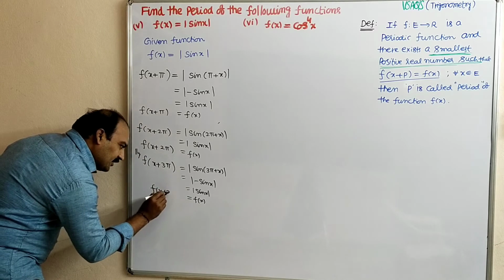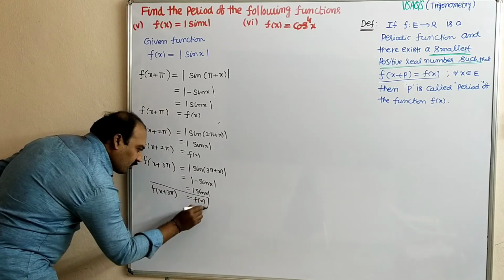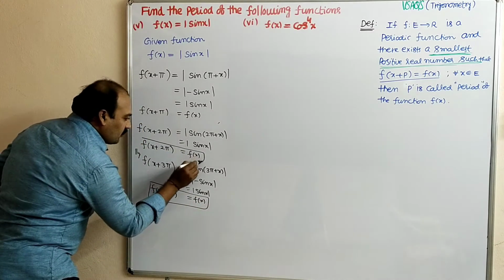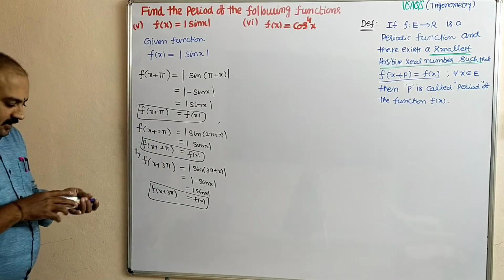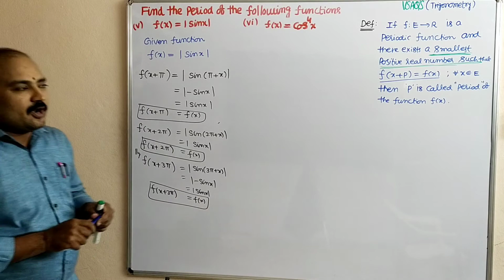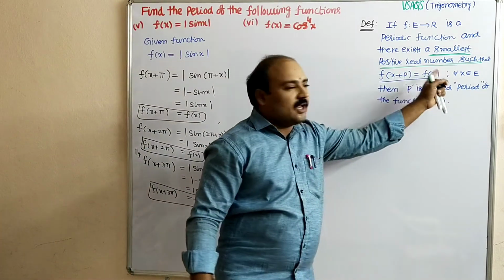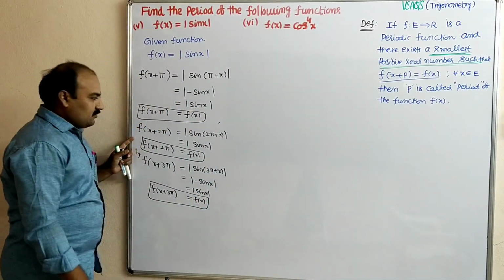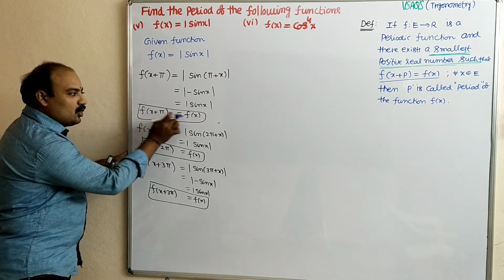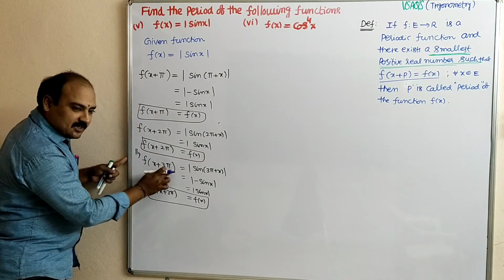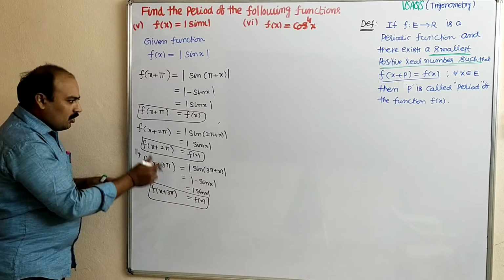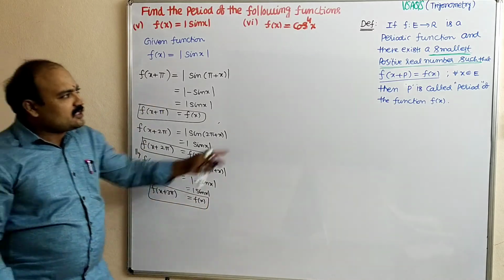Observe carefully, dear students. By the definition of a periodic function, f of x plus p equal to f of x. f of x plus pi, f of x plus 2 pi, and f of x plus 3 pi all equal f of x, and all satisfy the condition.